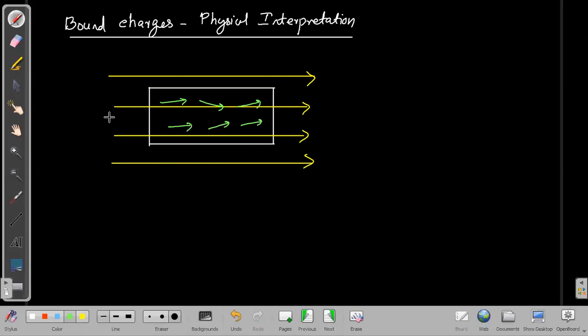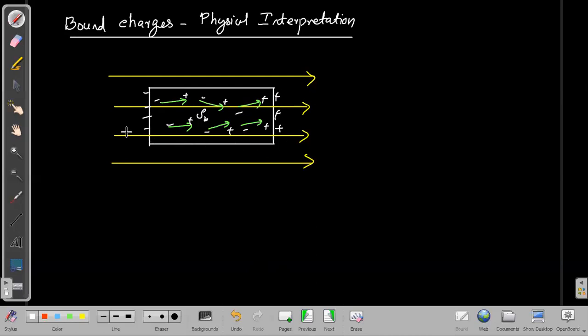Anyhow, if you polarize it, there will be some charge separation: some minus charge here, positive charge here, minus here, positive here. So there will be some charge distribution. Obviously due to this polarization, here comes some bound charge density. There will be some volume bound charge density rho b, and on this side we get some accumulation of negative charge and some accumulation of positive charge here.